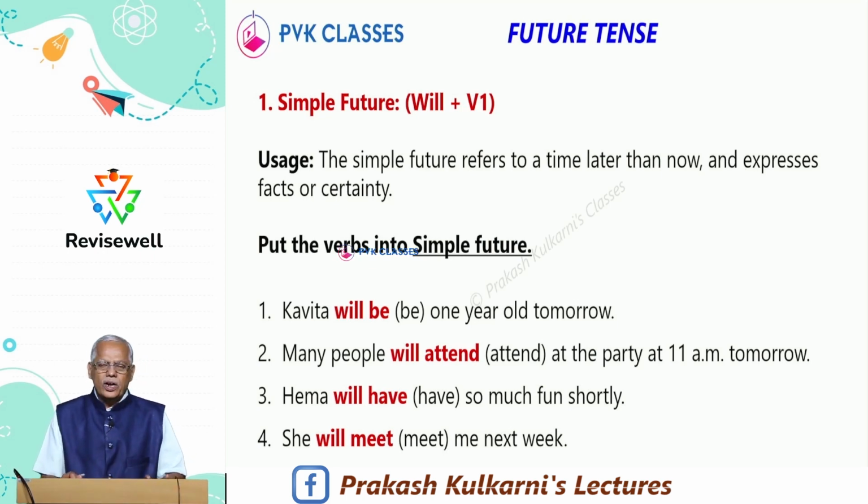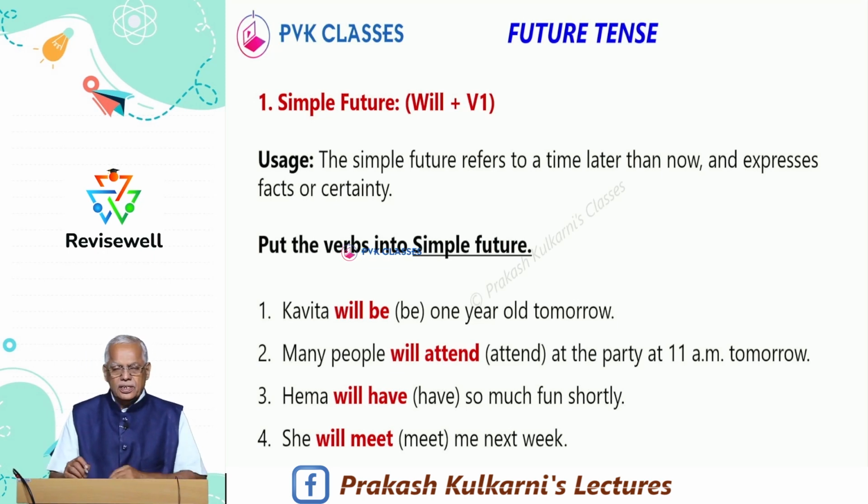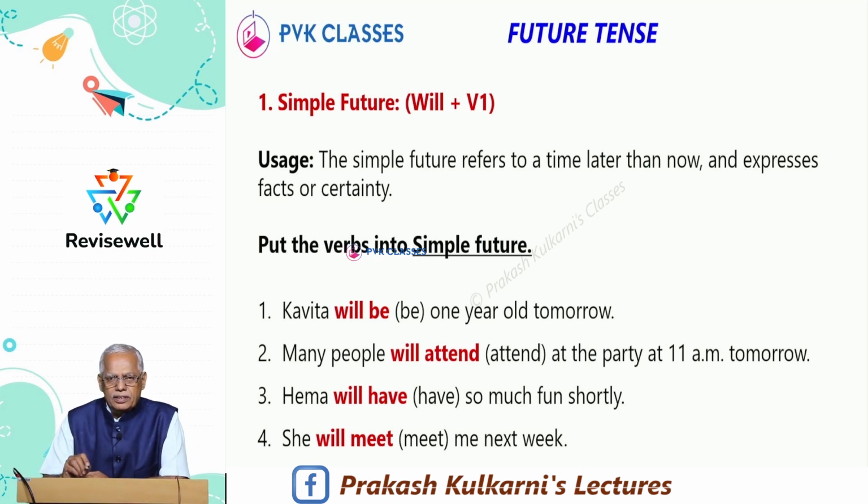Now, how to identify simple future tense? Please remember: I shall, we shall, you will, he will, she will, it will, they will.